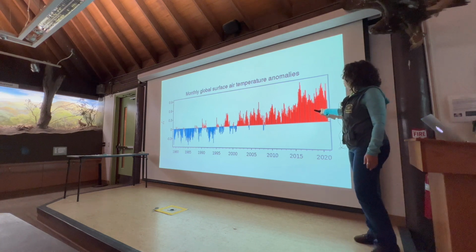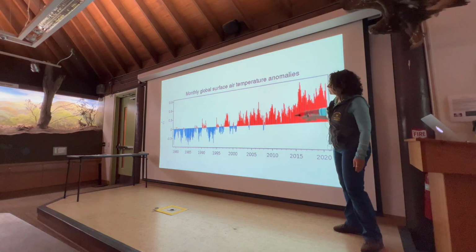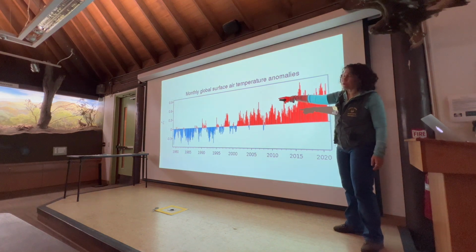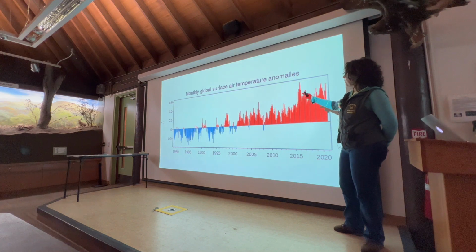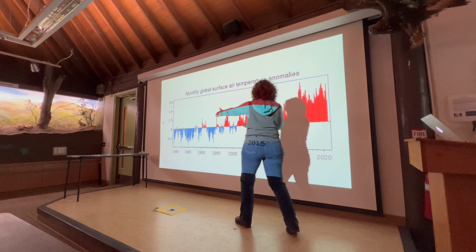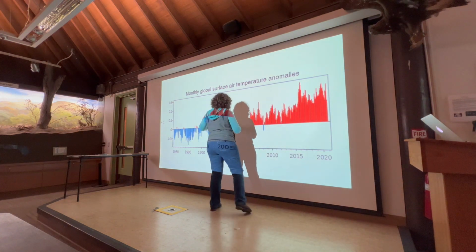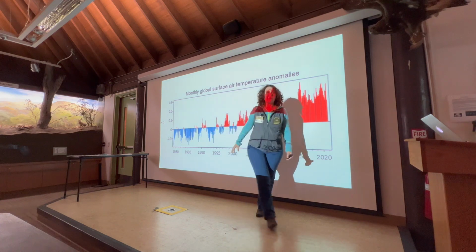So this is the monthly global surface air temperature anomalies. You can see it's not actually the temperature, it's how much the temperature has changed compared to this time in here, usually like 30 years back. And you see that in this window, it averages out to about 0.